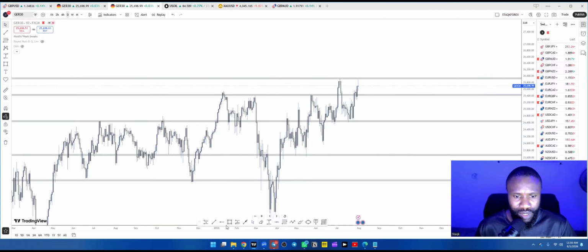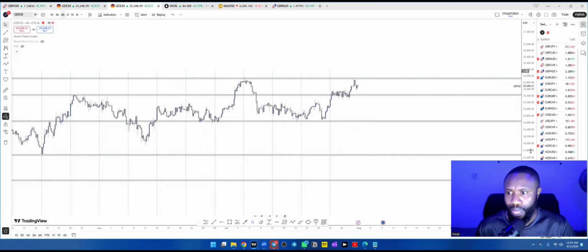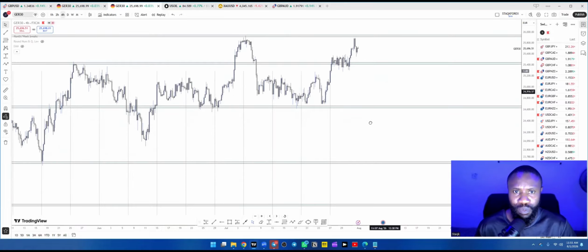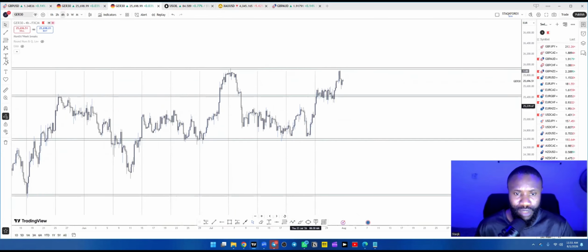So the only thing I will be expecting on GER30 is to see something like this, a breakout, a retest, then we can hop in and ride to the upside. But if that doesn't happen, let's scale down to the 4-hour time frame. So on the 4-hour time frame, this is what I'm expecting from GER30.